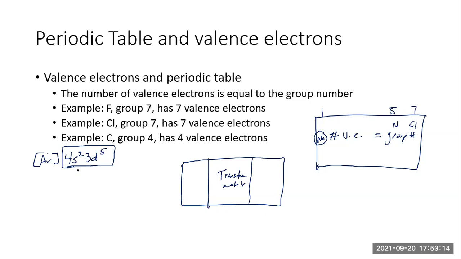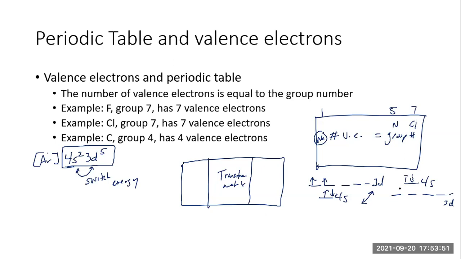But for transition metals, and only transition metals, there's a switch in energy that occurs once you start putting electrons into the d orbitals. The electrons do go into the s first and then the d, but once you start putting electrons into the d orbitals, the 4s actually ends up being higher than the 3d.